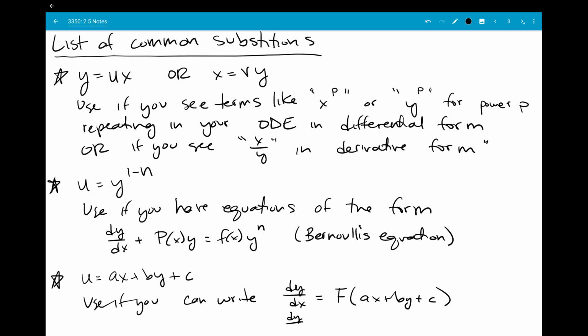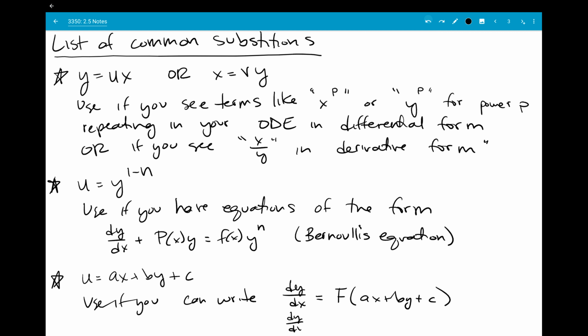This one I think looks the most like what you're used to from u substitution, like if you could write 3x plus 2y plus 7 squared. You would identify that as a u substitution type thing to do.